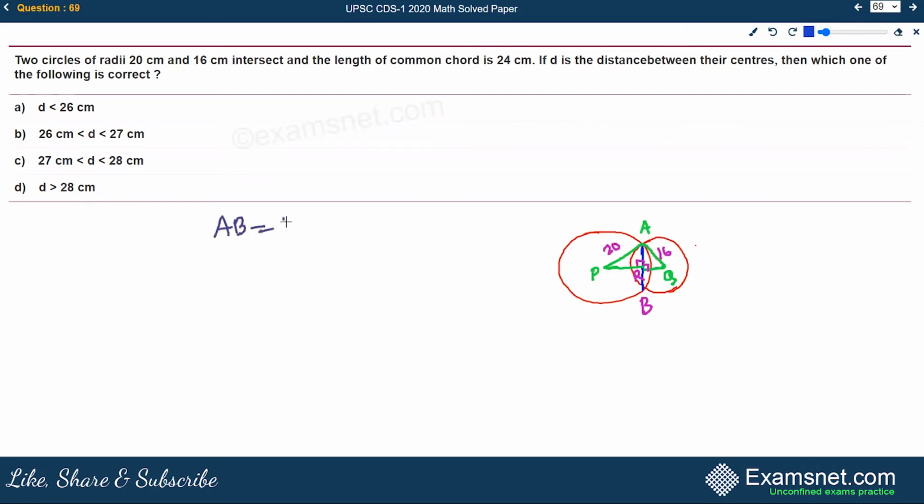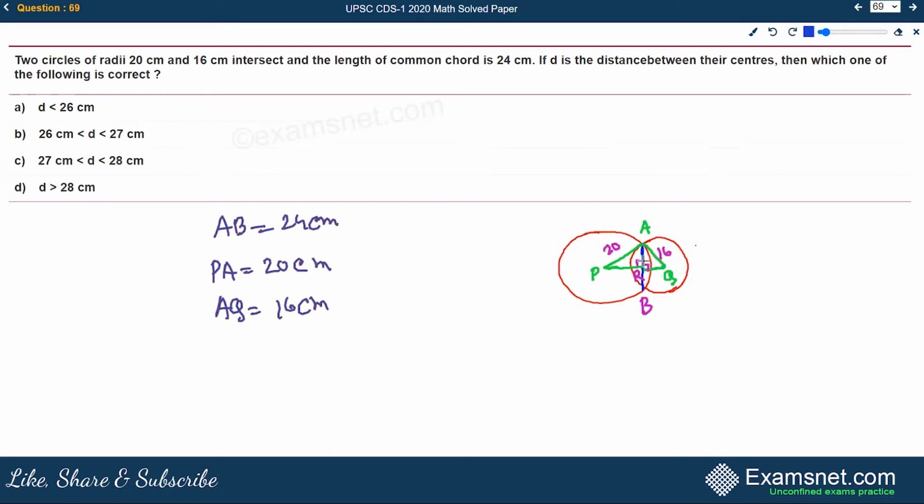So AB is 24 centimeter, and here PA is the radius of the larger circle, so PA is 20 centimeter, and AQ is the radius of the smaller circle, that is 16 centimeter. If D is the distance between the two centers P and Q, then which one of the following is correct?